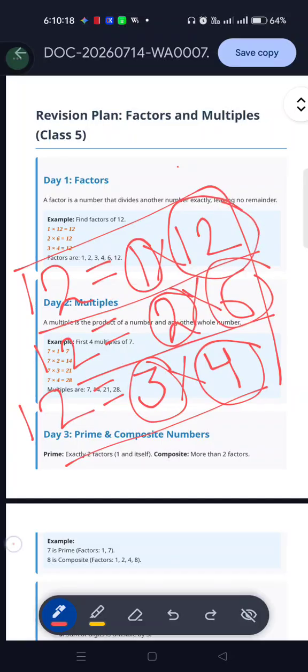So these numbers are the factors of 12. 12 will also be a factor of 12, because 12 can come in the table of 12, because 12 ones are 12. So 1, 2, 3, 4, 6, 12 are the factors of 12.